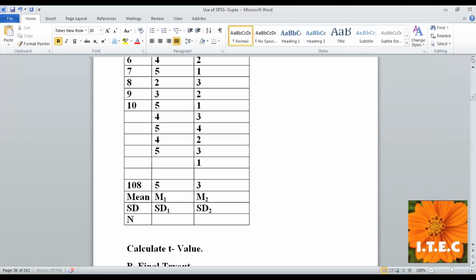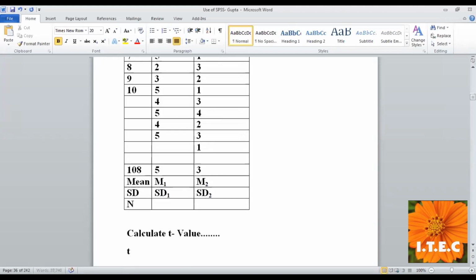So your t value may be significant, or your t value may not be significant.